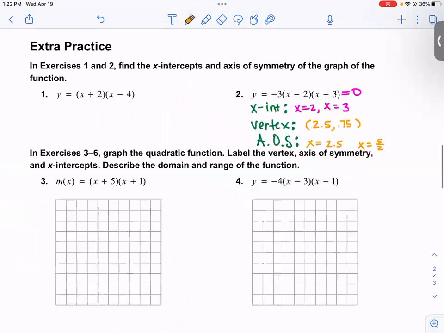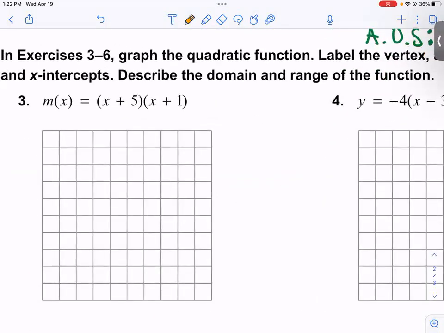All right. So let's look at number 3. I want you to make an XY table. We have 2 points we can already put in our XY table.